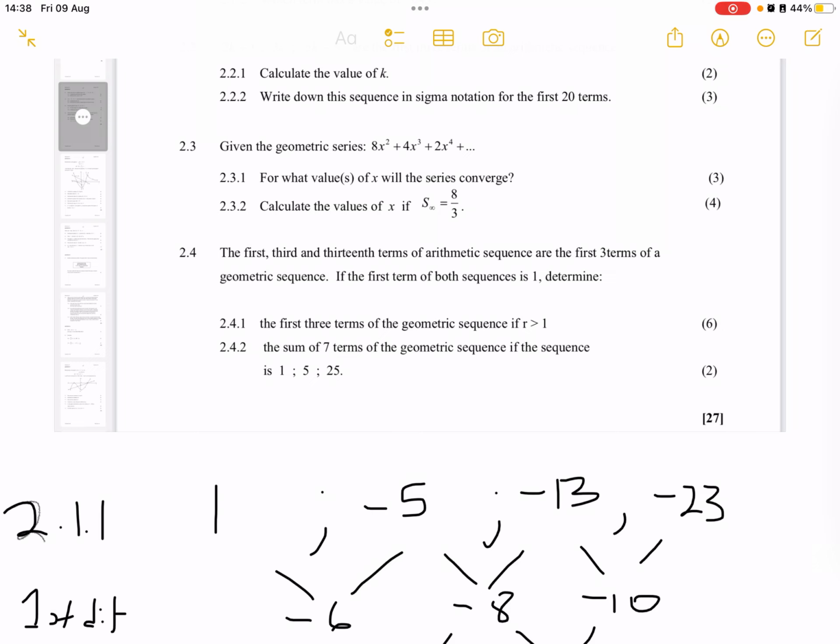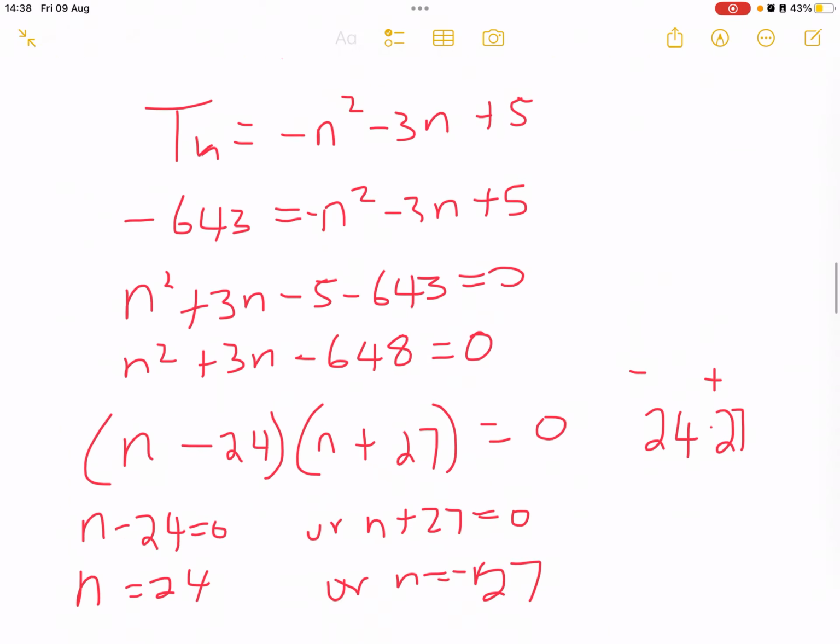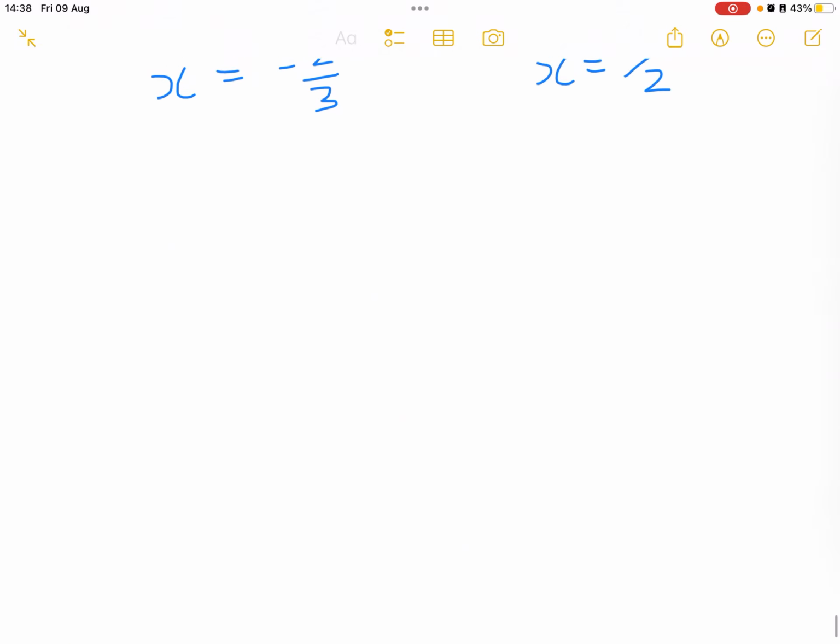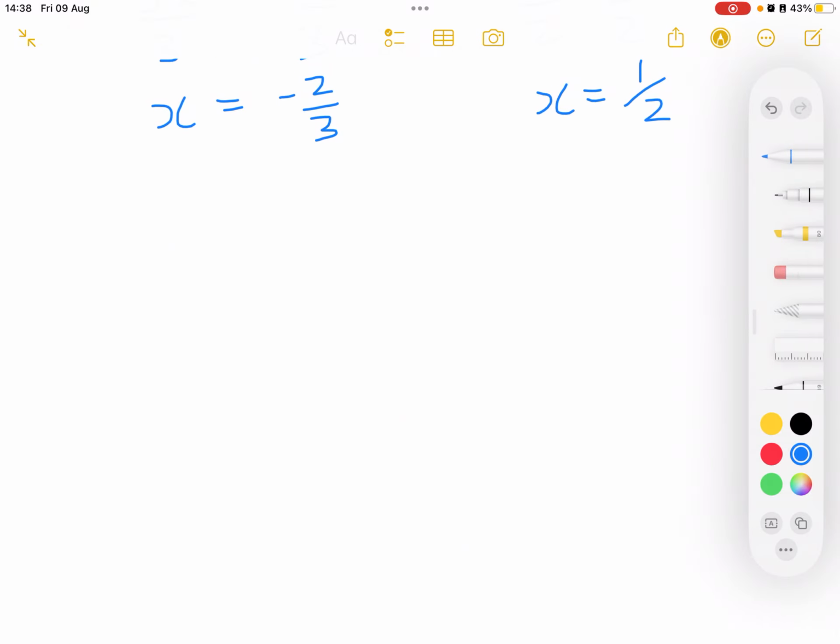So if the first term of both sequences is 1, determine in 2.4.1 the first three terms of the geometric sequence if r is greater than 1, and then in 2.4.2 the sum of 7 terms of the geometric sequence if the sequence is 1, 5, 25.